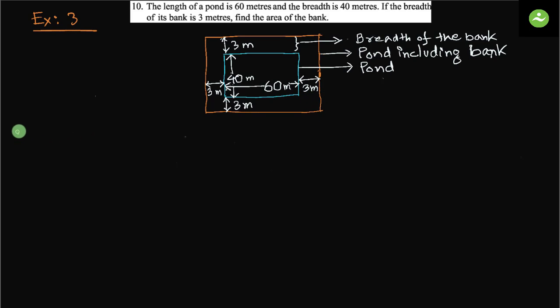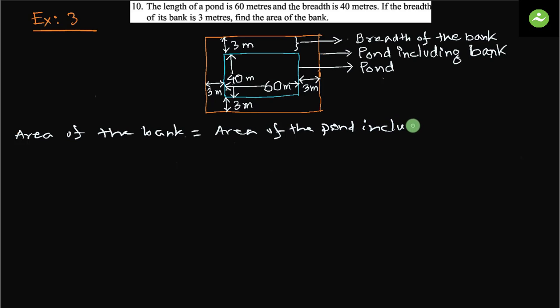So, area of the bank equals to area of the pond including bank deduct area of the pond.